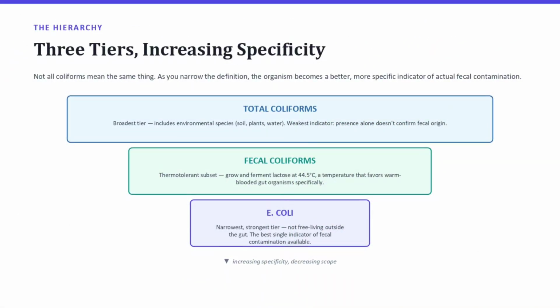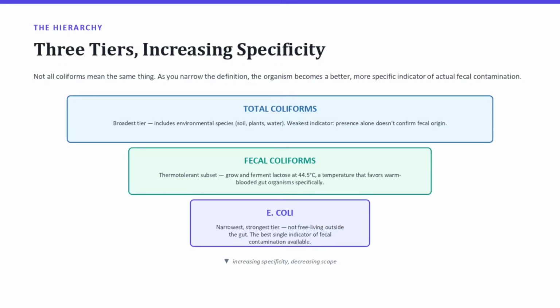Not all coliforms mean the same thing, and this is important. As you narrow the definition, the organism becomes a better, more specific indicator of actual fecal contamination. Look at the three tiers on this slide. Total coliforms, the broadest tier. This includes environmental species found in soil, on plants, in water generally. It's the weakest indicator, because presence alone doesn't confirm a fecal origin at all. Fecal coliforms, a thermotolerant subset. These specifically grow and ferment lactose at 44.5 degrees Celsius, a temperature that favors organisms adapted to the warm-blooded gut specifically.